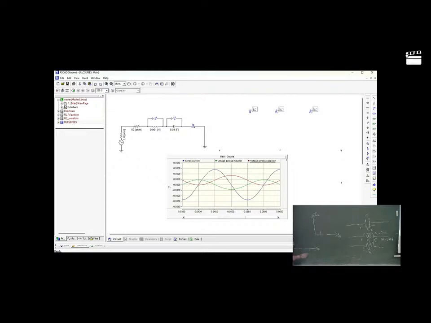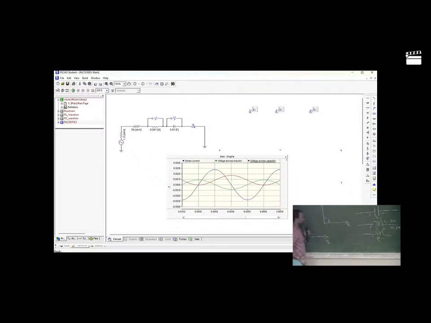If we are considering the voltage across the inductor as VL, we know the property of the inductor that the current lags the voltage across the inductor by 90 degrees. So the current across the inductor will be like this, with a 90 degree lag.